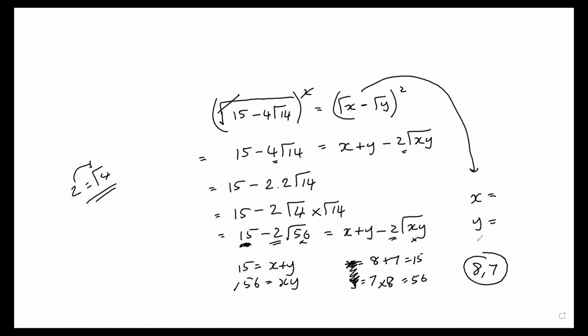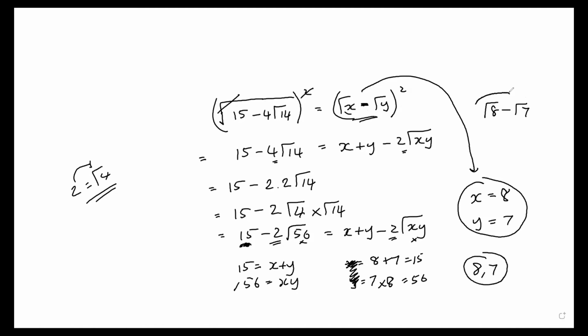You think about it, because the problem is here you've got a subtraction. This number should be positive, right? Because you're taking a square root of a number, you can't get a negative number, right? That would be impossible. So the larger number is going to have to be x, which is 8, okay? And the smaller number is going to be 7. So your final answer will be root 8 minus root 7.